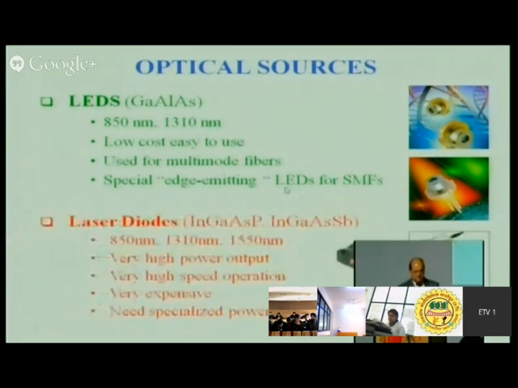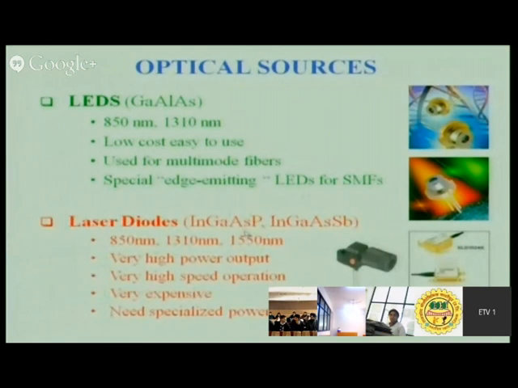But the ultimate solution is the laser diode. Laser diodes are mostly quaternary alloys and different combinations are possible. I can have a laser diode in all the three windows, and they provide very high power output. Laser output may be 100 times more than the LEDs.